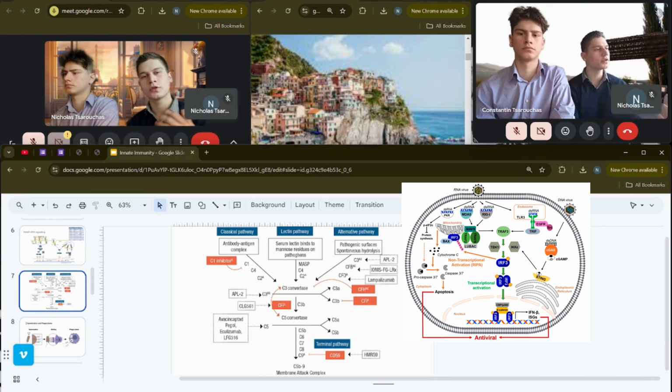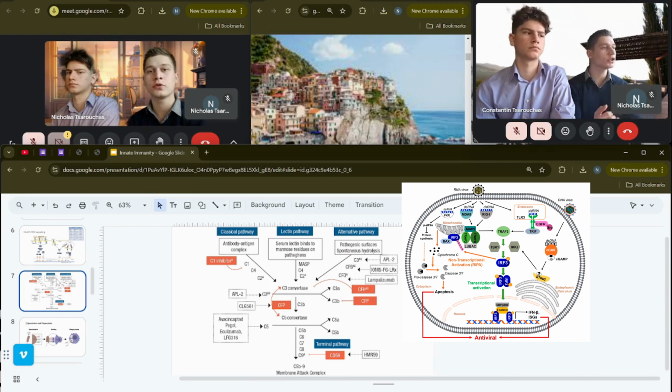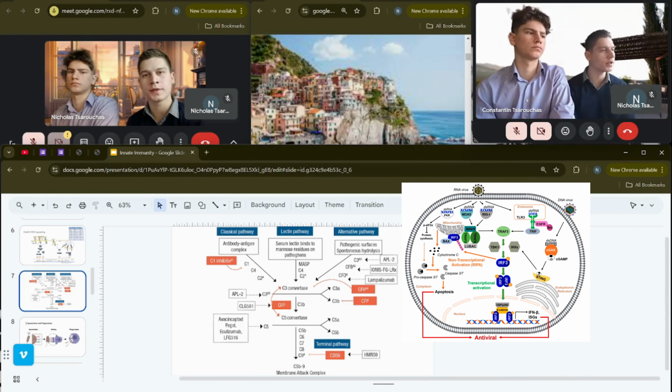So the first thing is to interfere with some of these complexes forming. In this way, you won't be able to bind your C1q and initiate the classical pathway.